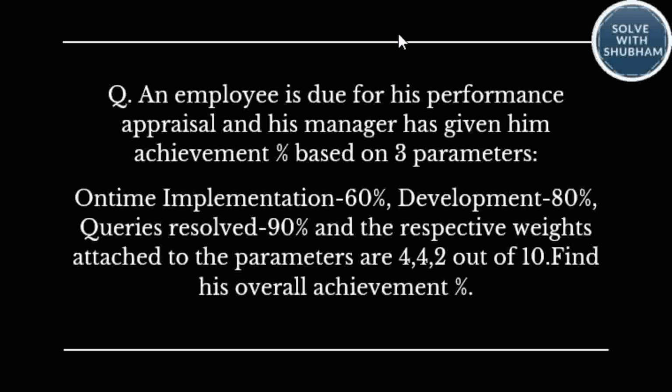Find his overall achievement percentage. So here this is very relevant whenever a performance appraisal cycle would come. Your goals would be allotted to you and then the weightage would be allotted to each respective goal, and on each respective goal you would be given a rank. So let us see how to solve this question.